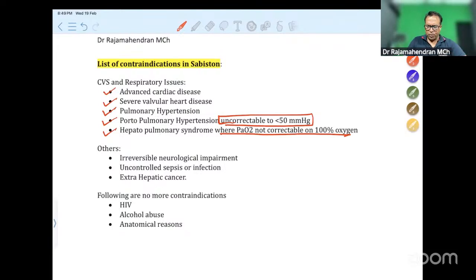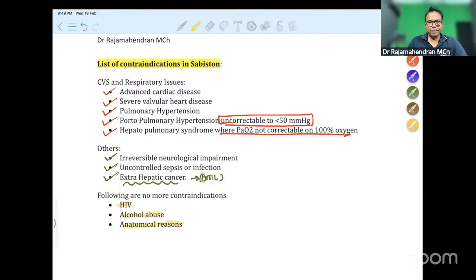This is the point given in Sabiston. You go through this. Irreversible neurological impairment, uncontrolled sepsis, a patient dying of any extrahepatic cancer. That is why I told you AML might be a contraindication. Following are no more contraindications: HIV, alcohol abuse, anatomical reasons are removed in new books.